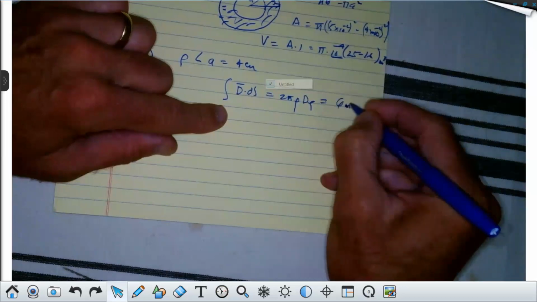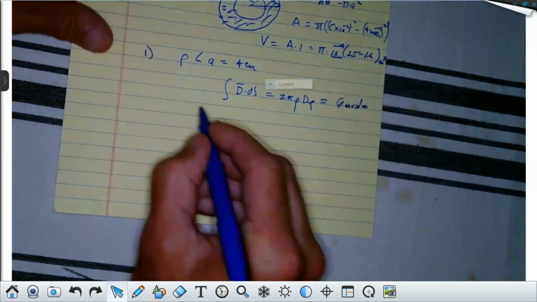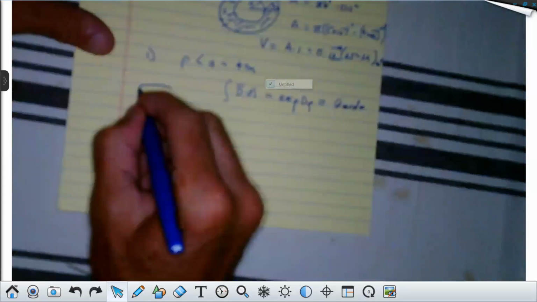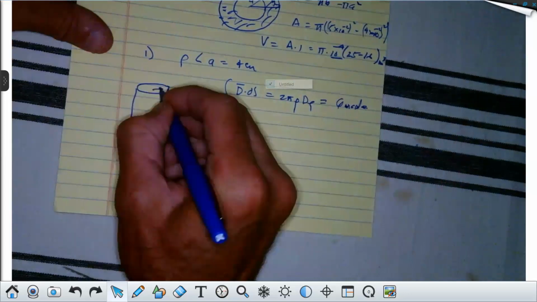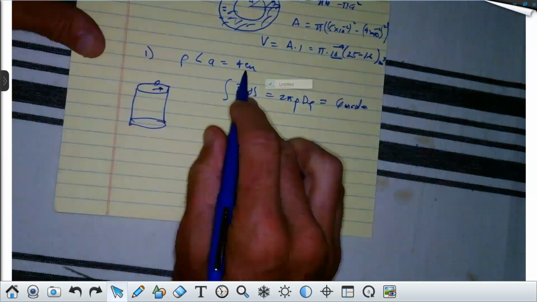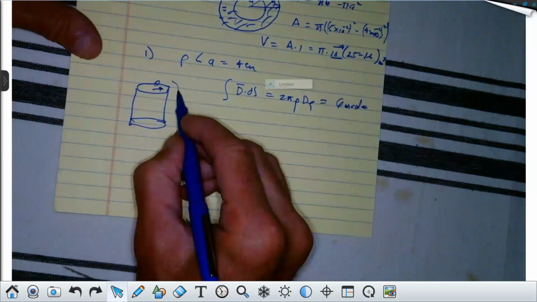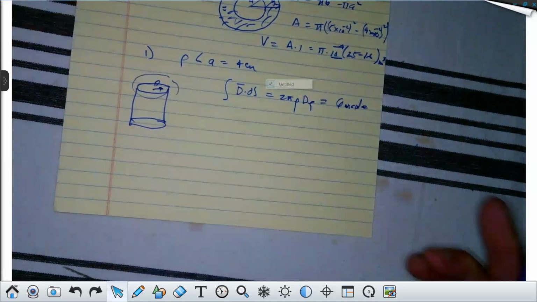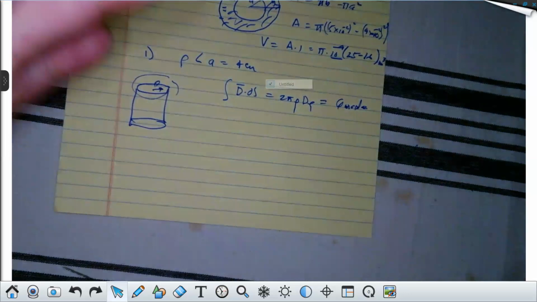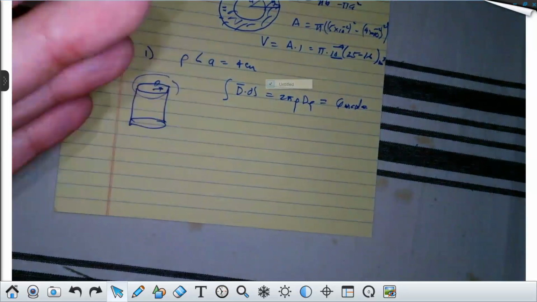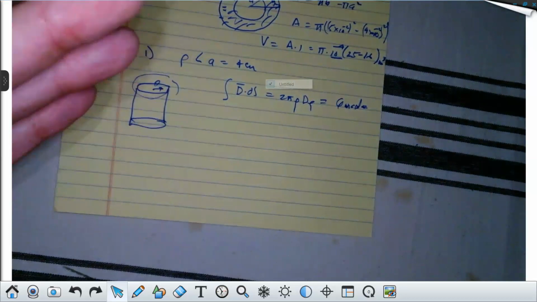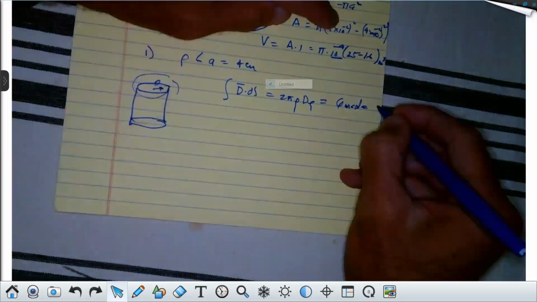Inside that Gaussian surface. So if you think about it, just try to draw it out here. If I have a radius rho that's less than 4 centimeters, well, all the charge is outside there, isn't it? Correct? There's no charge in that can. All the charge is in the pipe, and I have to get to at least 4 centimeters before I start seeing that. Y'all follow me on that? So that means this is 0.